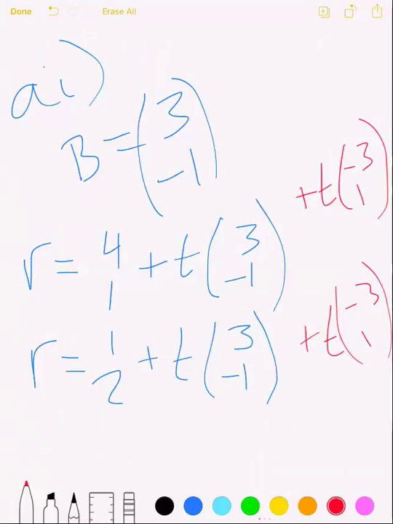They'll ask you, in question 3 on this page, determining whether or not the given point lies on the line.